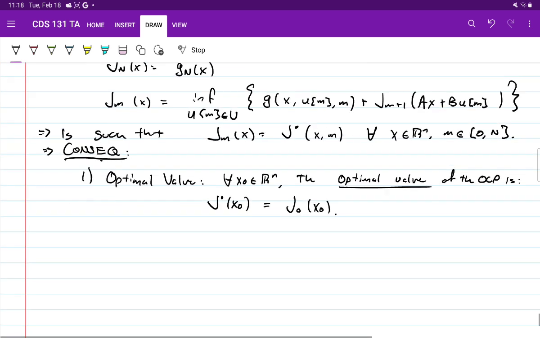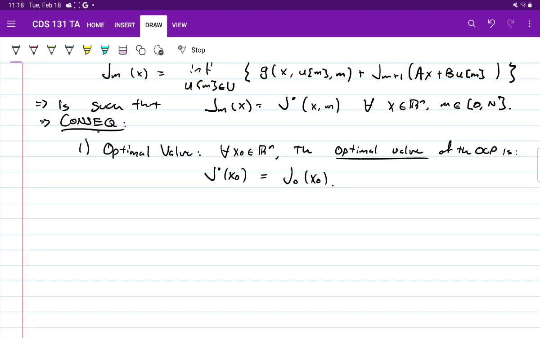So first, we claim we can compute the optimal value from this recurrence. Second, we say that we can actually get an optimal control law as well. So what are we going to say about an optimal control law?